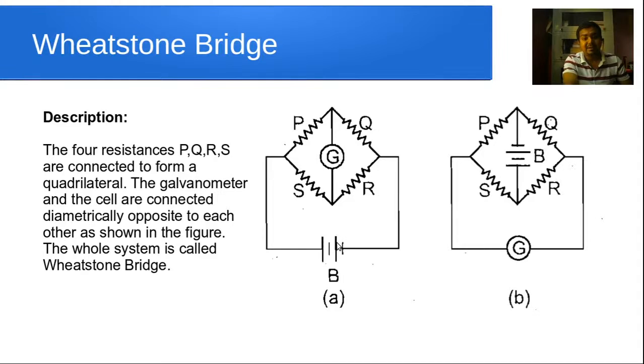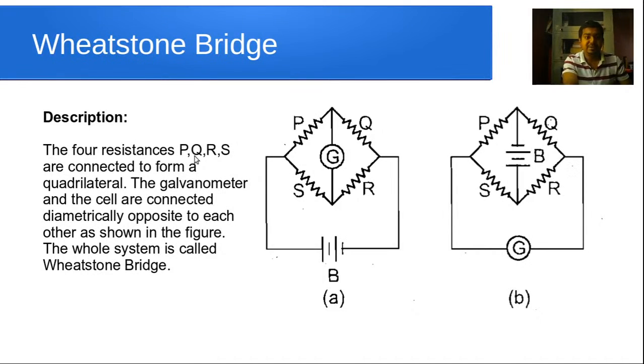meaning here the galvanometer and the battery are interchangeable. If we interchange G here and the battery here, there is no difference in the circuit or the principle of the circuit. So both diagrams are equally correct, and both represent the Wheatstone Bridge diagram.